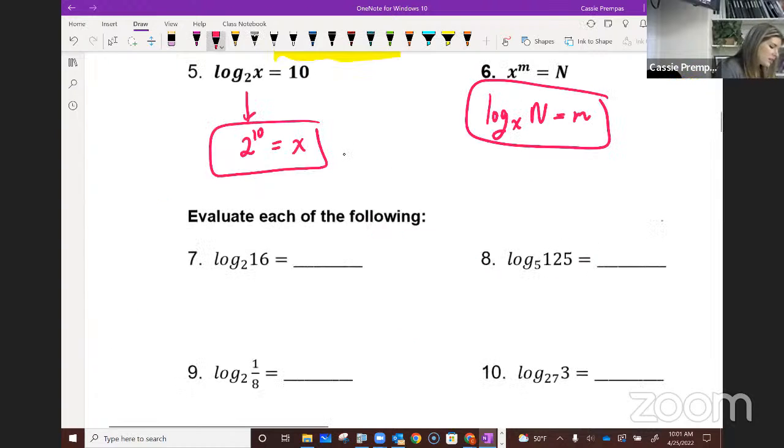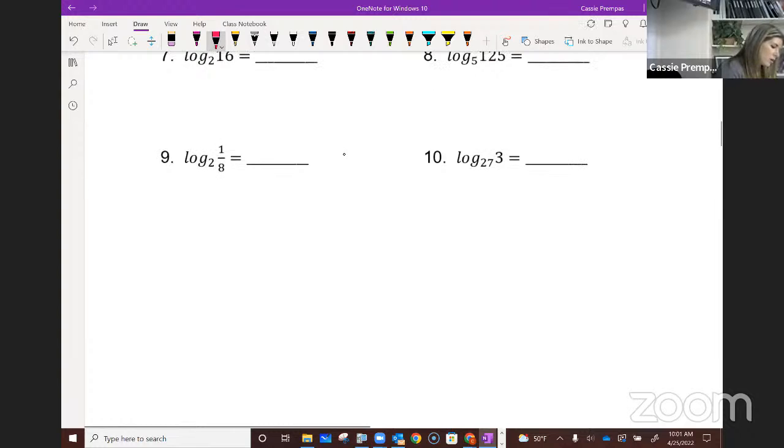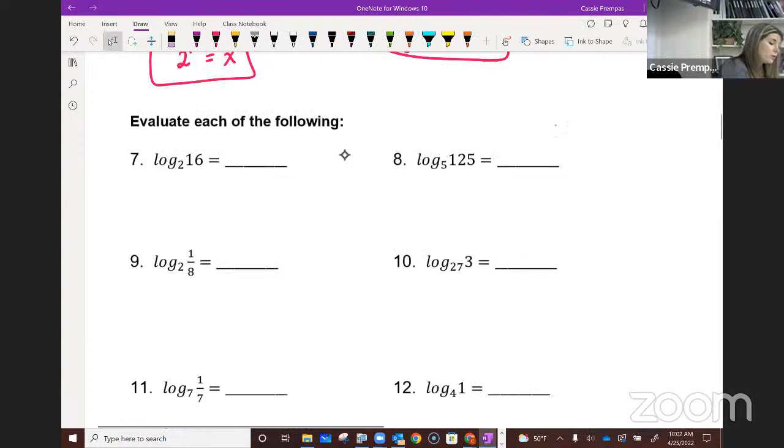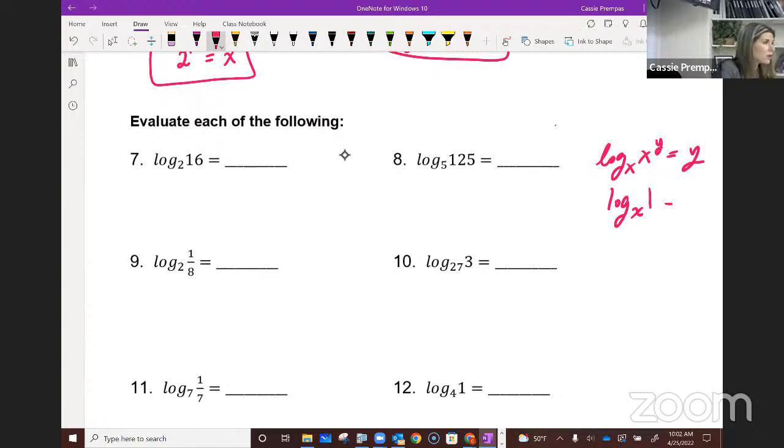All right, on to 7 through 12. There's a few rules that are helpful to know, actually not always necessary, but if you know log base x of x to the y equals y, that's often pretty helpful. Something else that's really helpful to know is that log base x of 1 always equals 0.